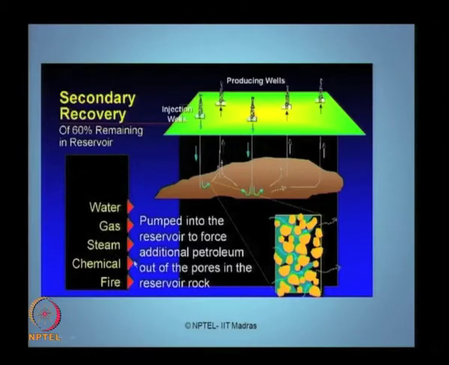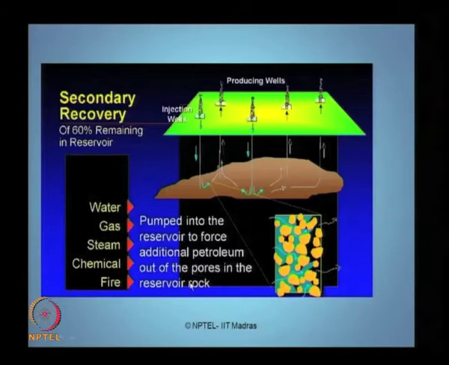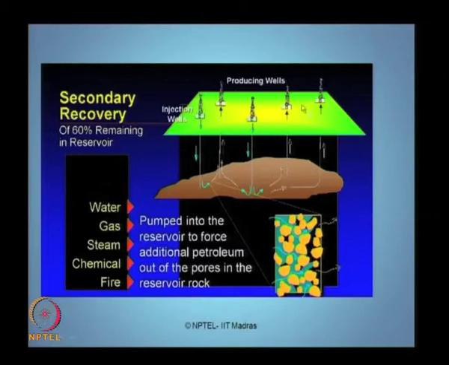Actually these are all pumped into the reservoir to force additional petroleum out of the pores in the reservoir rock. What you see here may be a production well or an injection well. The black ones you see here are all producing wells, whereas the blue ones are all injection wells. Injection wells are actually used to enhance the oil recovery from the wells.